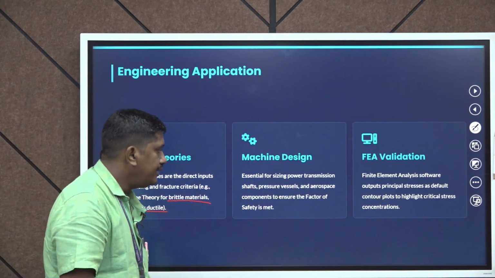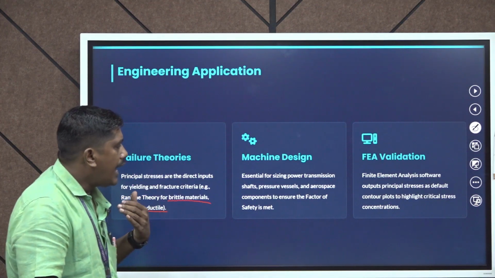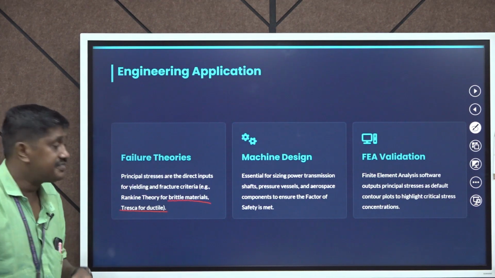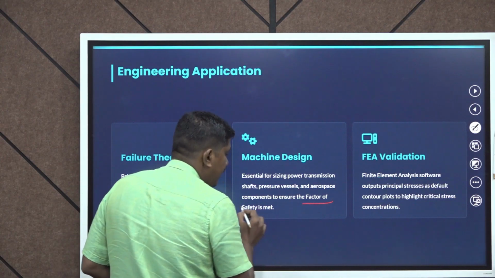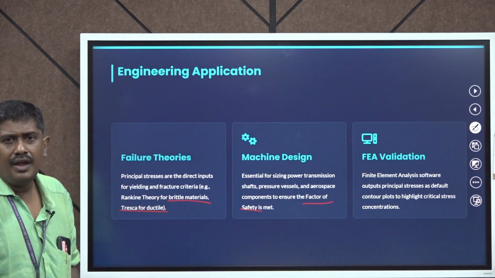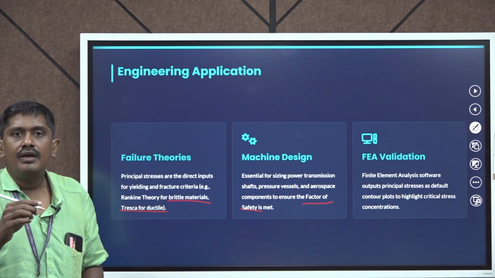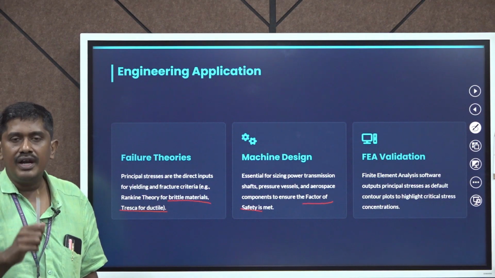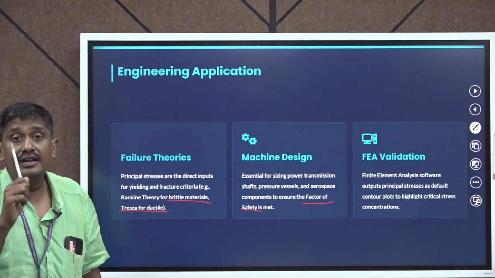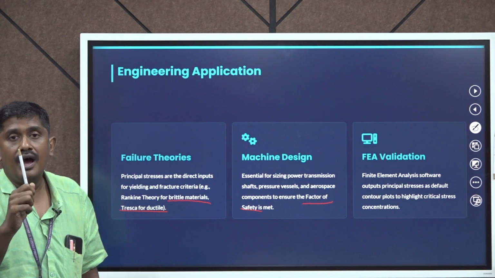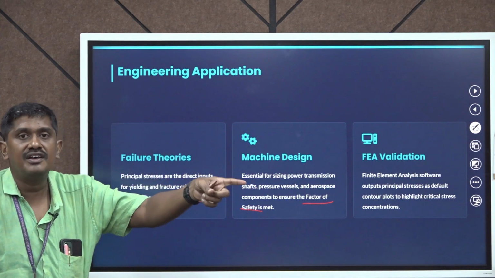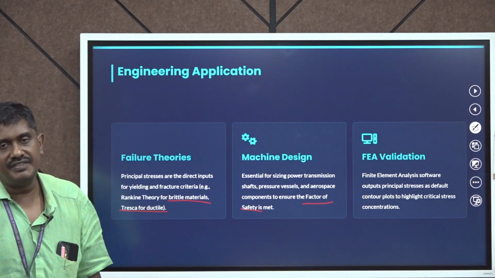In machine design, aerospace applications and pressure shafts, it ensures the factor of safety is met, because the principal stress and principal strain will reduce the material requirements, and reduction of material leads to increased efficiency in aerospace applications.